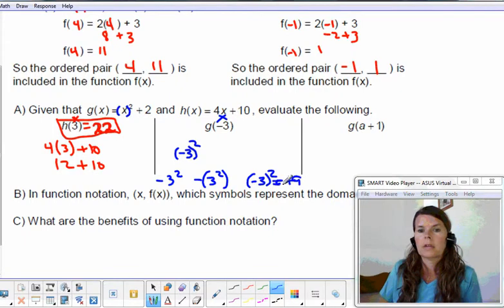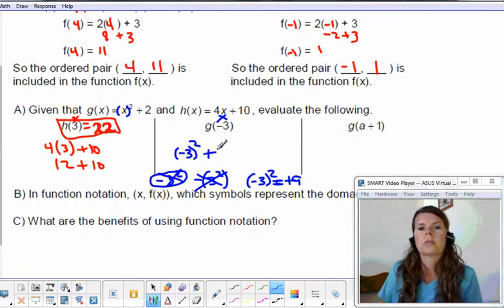And again, all year long last year, people were doing this, or they were just leaving it like this on their calculator, and they would get it wrong. So don't do this if you're supposed to square. There are situations where this is what it means, but right now it means take the -3, times it by itself, and square it. So put it in parentheses on your calculator if you're using your calculator.